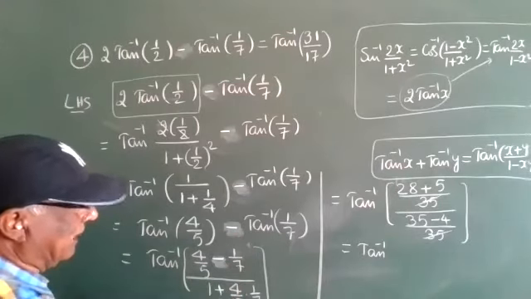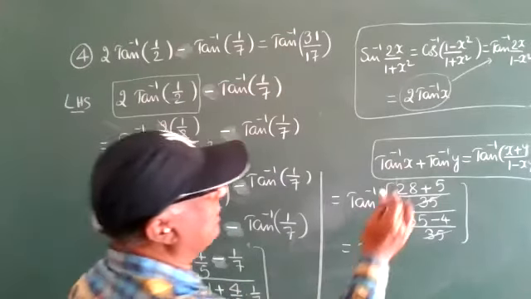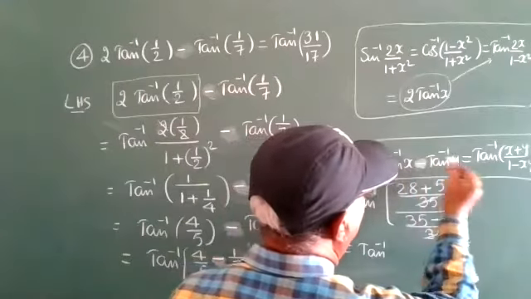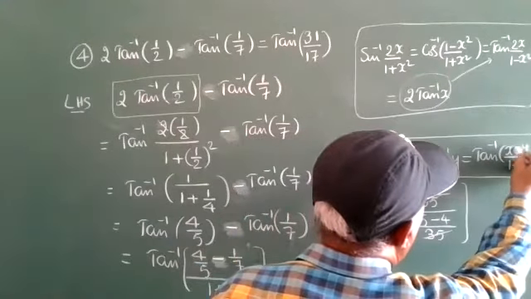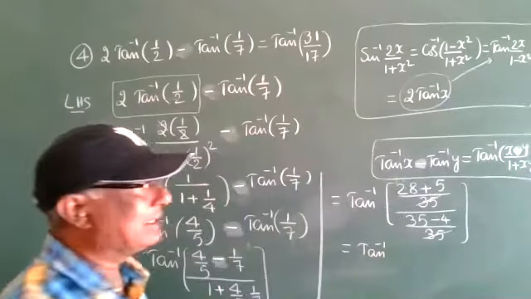Middle is plus. Now the formula is tan inverse of x minus tan inverse of y, x minus y by 1 plus xy.